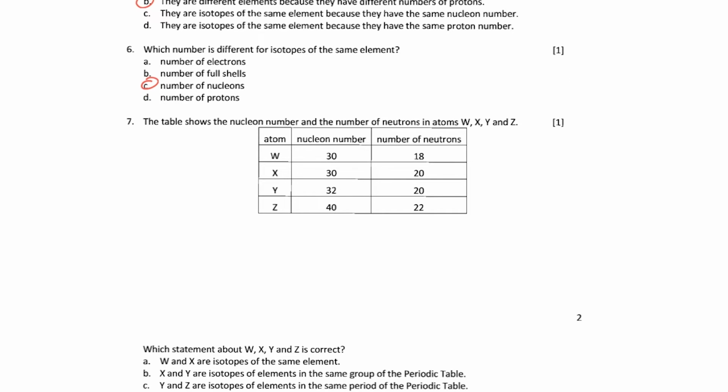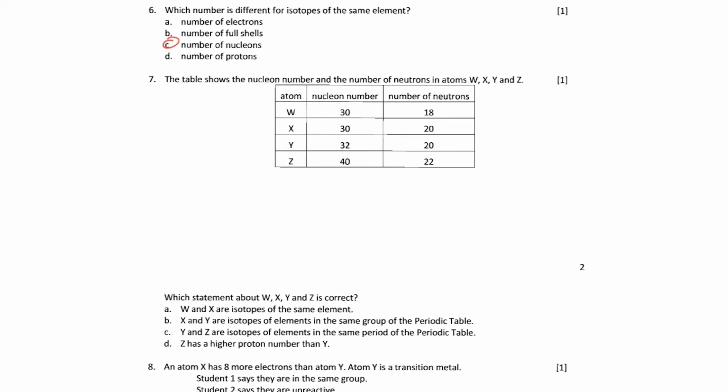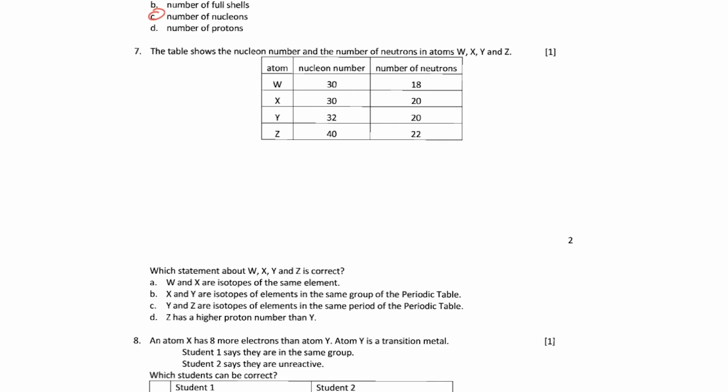Question number 7 says the table shows the nucleon number and the number of neutrons in these 4 elements. Which statement about W, X, Y, and Z is correct? So let's see. W and X both have the same nucleon number, so their mass is the same, but their neutrons are different, which means their protons are also different because they have the same mass.